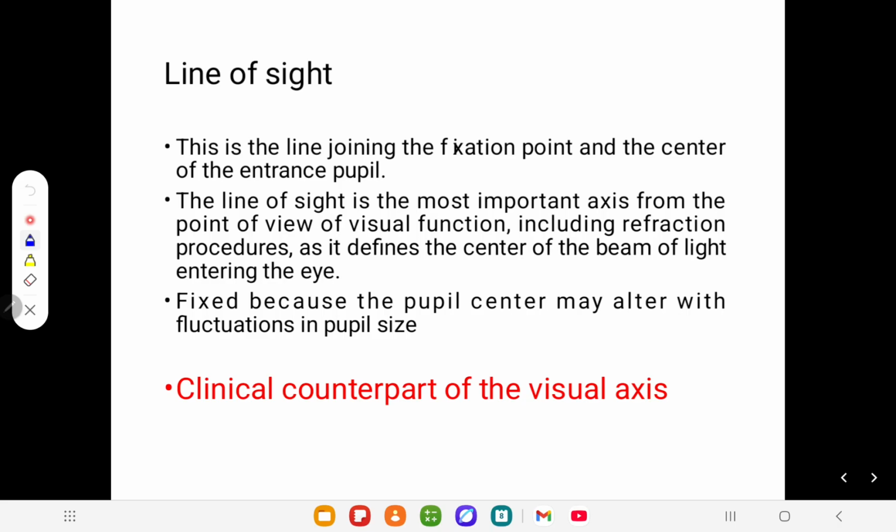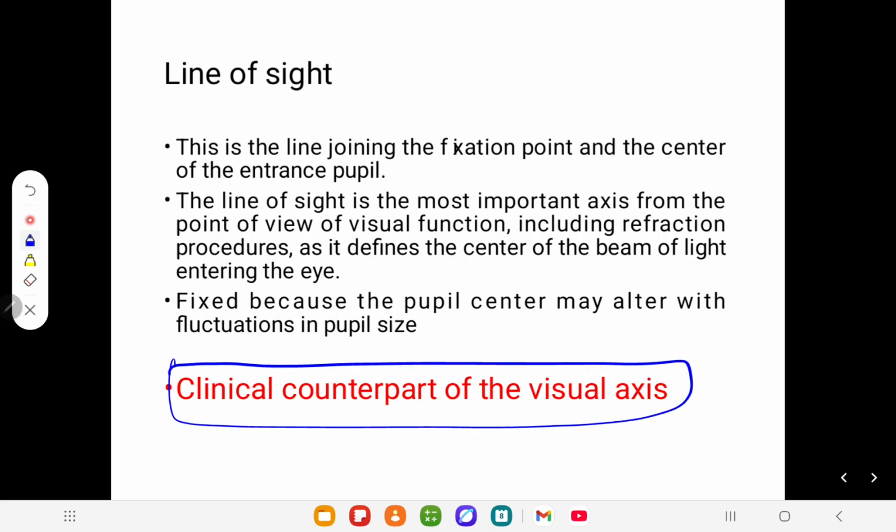The first thing I want to emphasize about the line of sight is that it is the clinical counterpart of the visual axis. Visual axis is not used clinically; line of sight is used clinically. What is the line of sight? It is a line joining the fixation point, it must join the fixation point, and it passes through the center of the entrance pupil. You know the entrance pupil, isn't it?